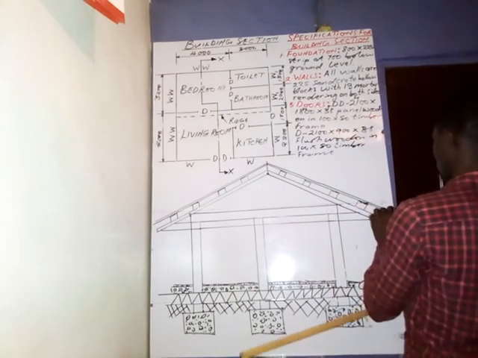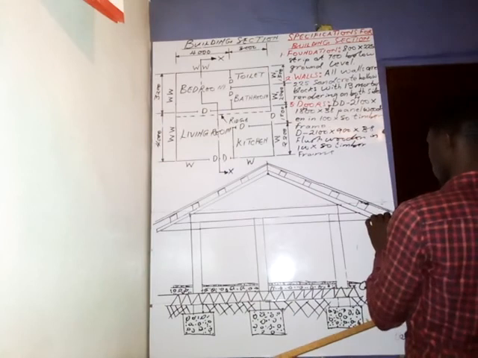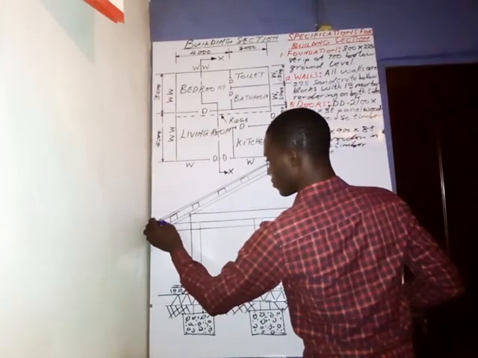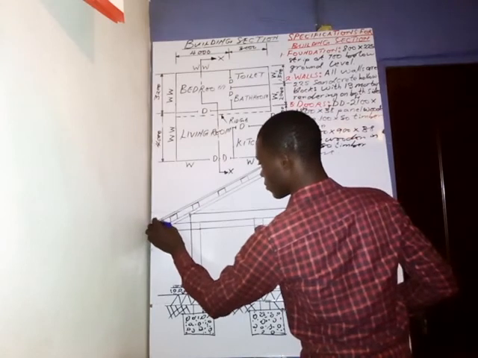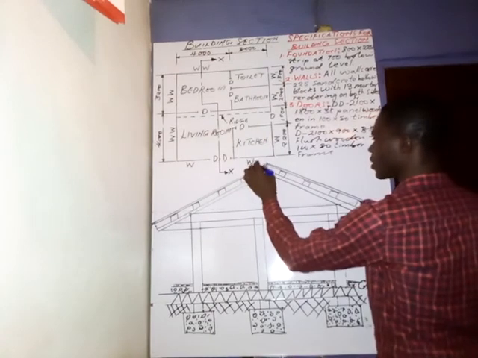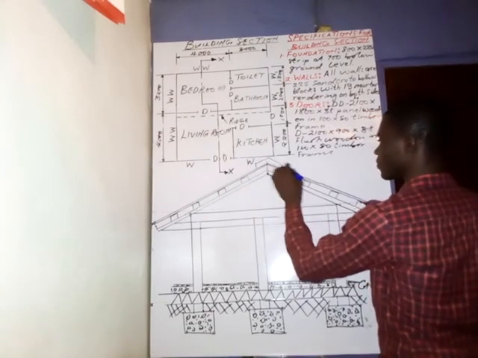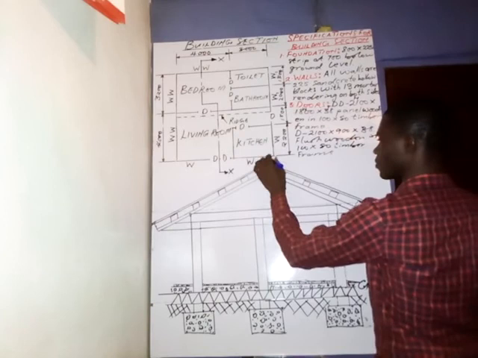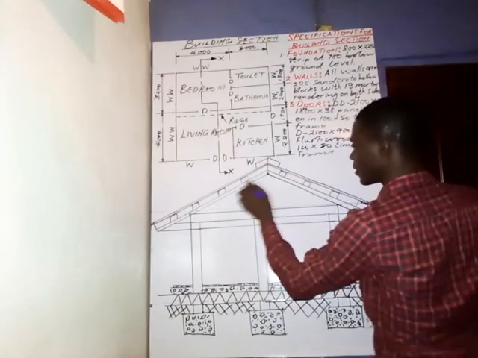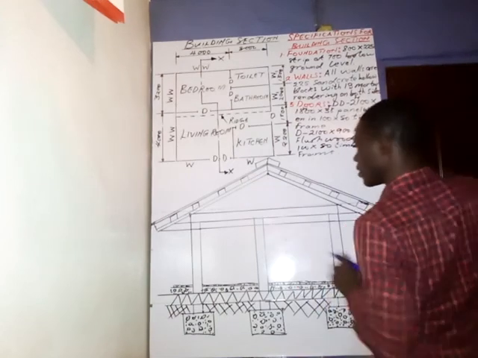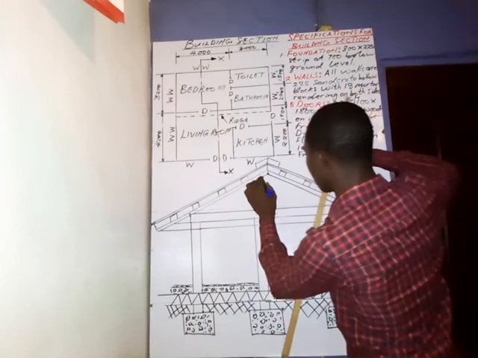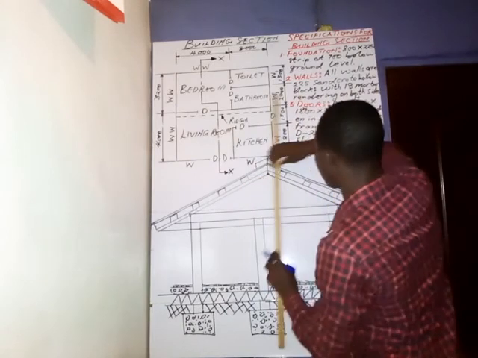Alright, so the next thing is we put the ridge cap. The ridge cap goes like this. So this is the ridge cap. Then the next thing is we put the king post. Just take a measurement, maybe 4 millimeters.